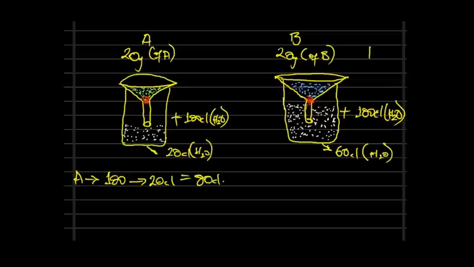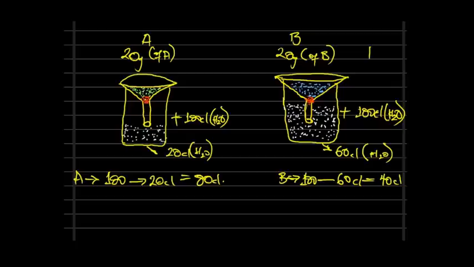On the other hand, the B here also took in 100 cl, and you added the water, and then it drained out 60 cl, telling you that 40 cl is what you got out of it. 40 cl is what the soil has held on to.